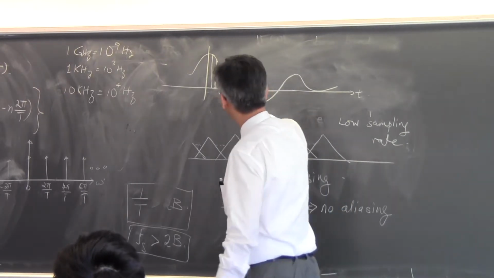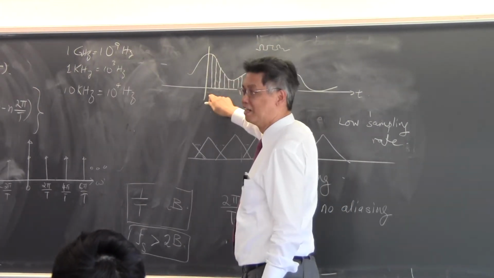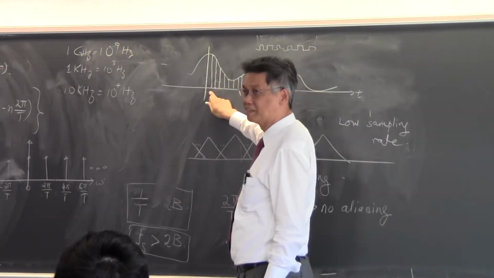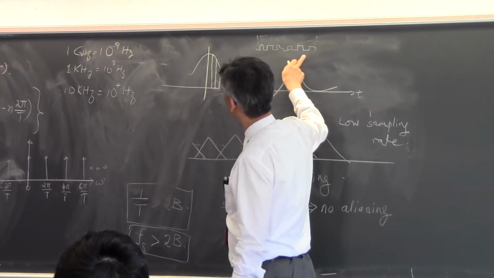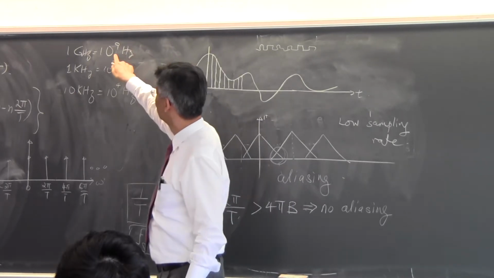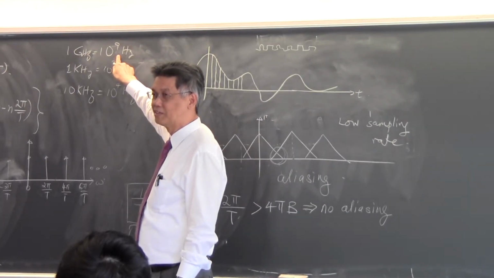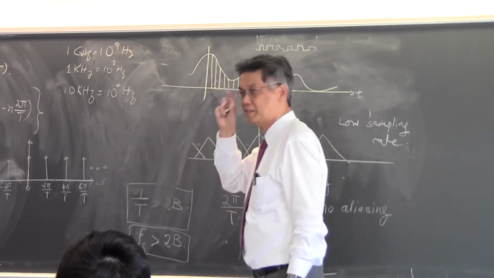You convert this signal into zeros and ones, and send it as a digitized signal rather than as a number. Then you can put a lot of zeros and ones in this interval, given that you have so much surplus bandwidth. Because if you have a 10 to the 9 hertz channel, you can send a lot of zeros and ones.